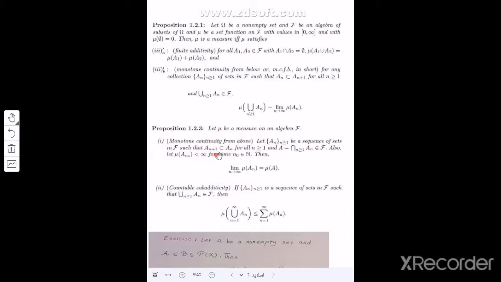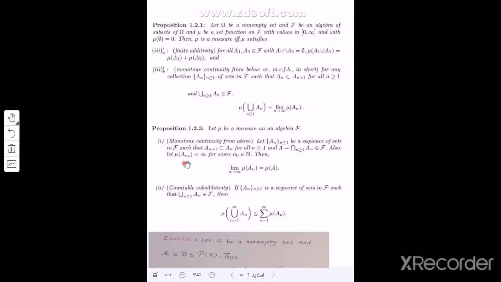This is a decreasing chain, and we have mu of A, where A is equal to the intersection of An. Here we had the union of An. Here mu of the intersection of An is equal to the limit of mu of An. And here we have another condition, an extra condition.